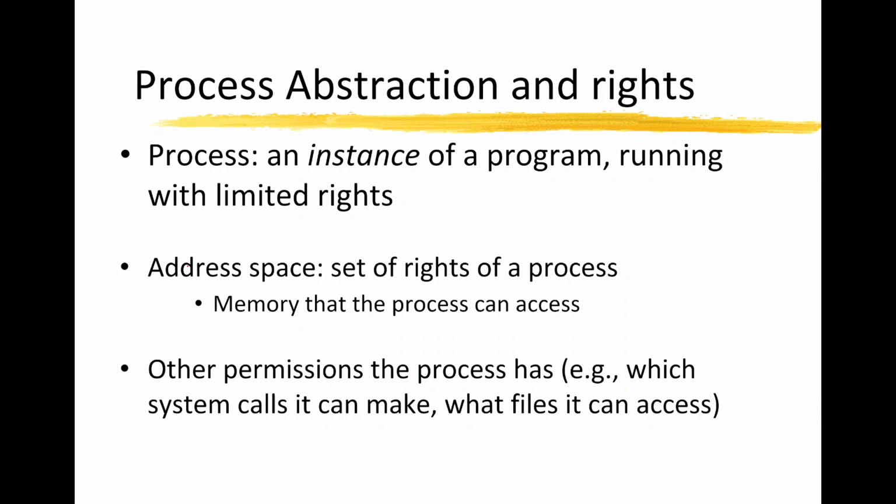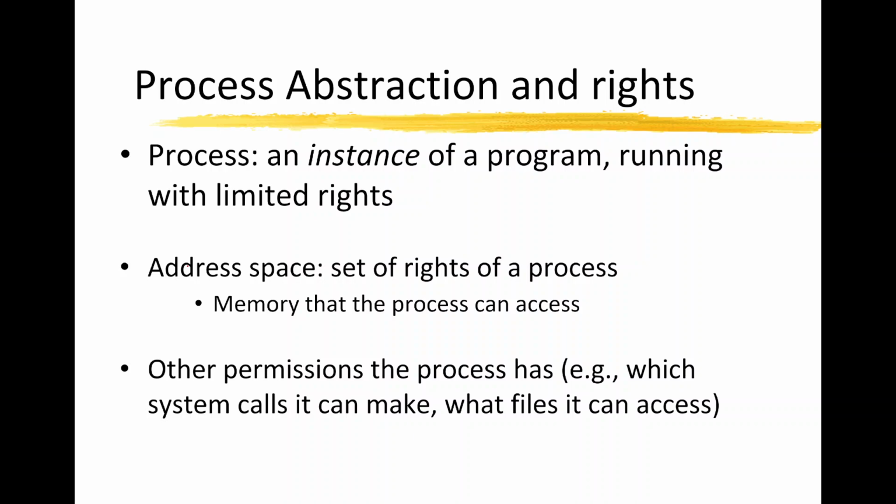And it uses what we call an address space. The address space is the set of memory that the process can access. So processes cannot access all memory locations. They have a limited memory location which they can access.